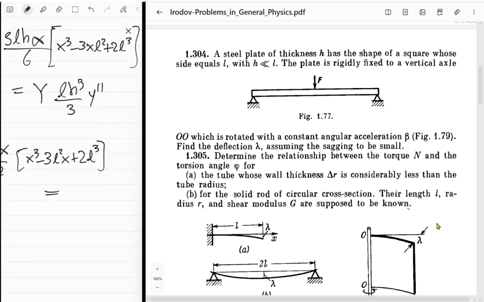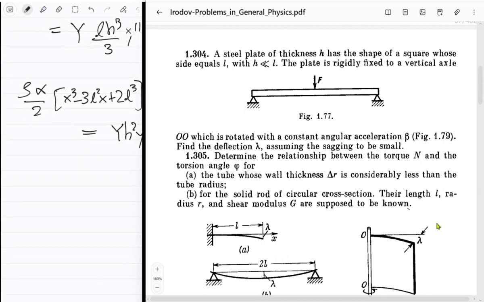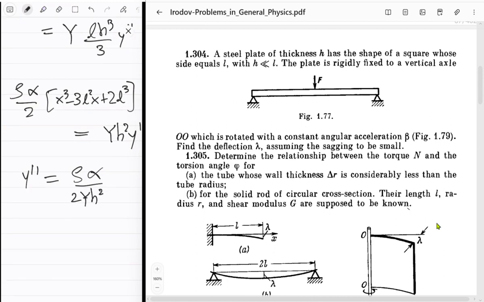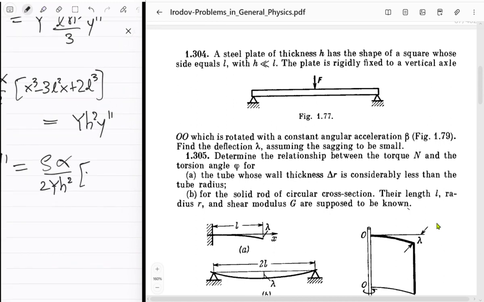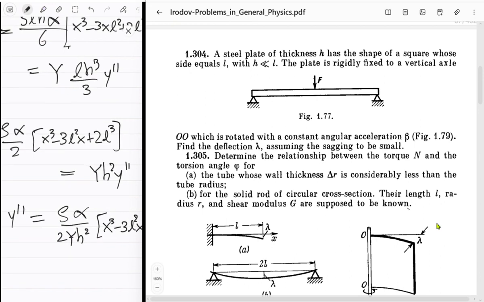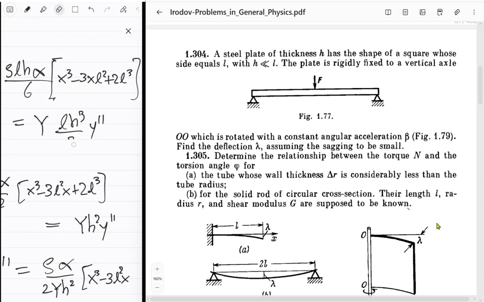So L h, that cancels, just h squared over there, like E h squared y double dash. Okay, looks good. So y double dash is just equal to rho alpha upon 2 Young's modulus h squared, and then you got this thing, x cubed minus 3 L squared x plus, it's not upon 3, it's upon 12.